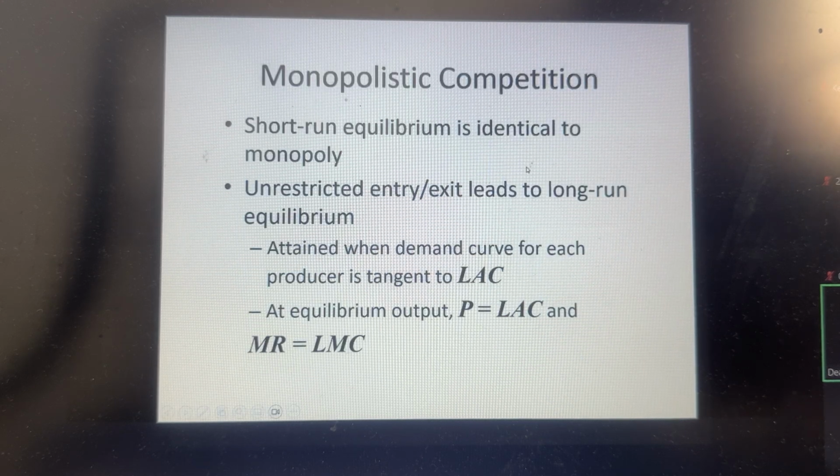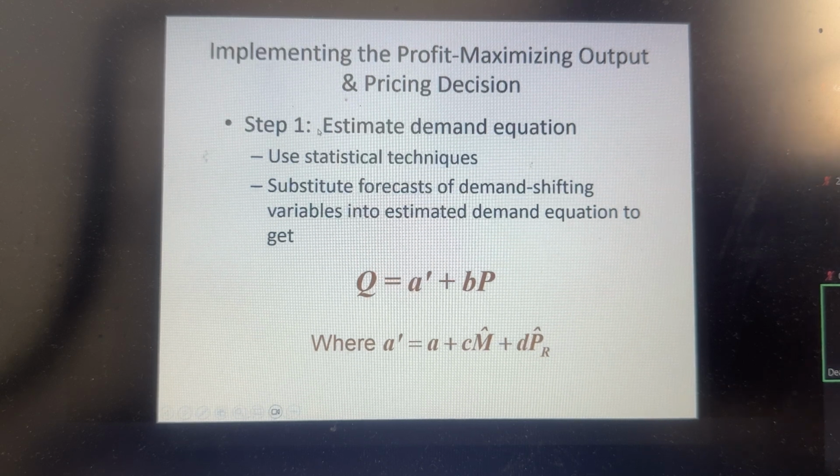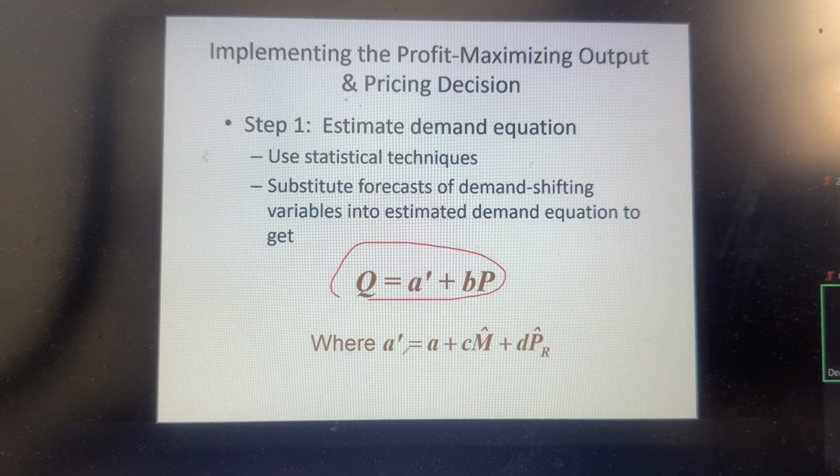So this is the summary of the same thing, and implementation of the profit maximizing output, price and decision. Mathematically, first, the demand equation will be given in the examination, and then you need to find the inverse demand equation from this.